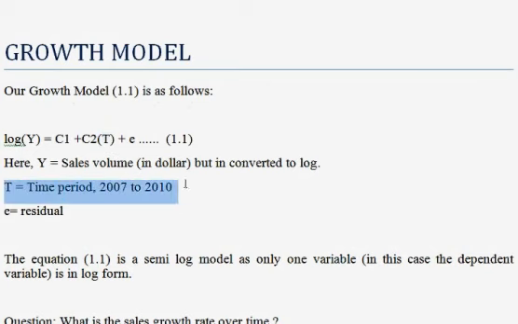So here t means 2007 to 2010, and E is the residual. So that is our model 1.1.